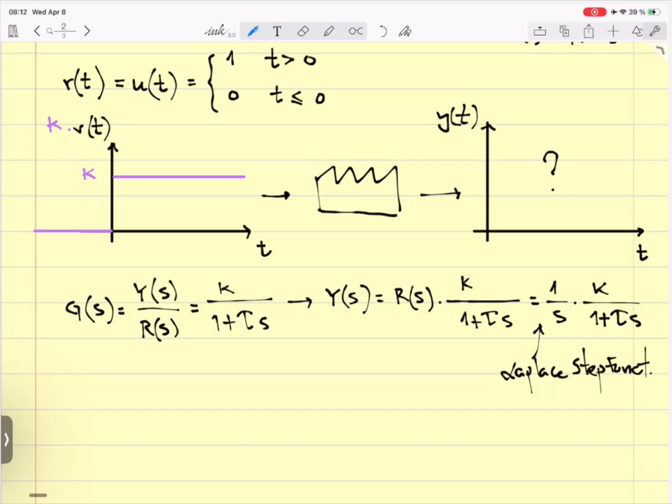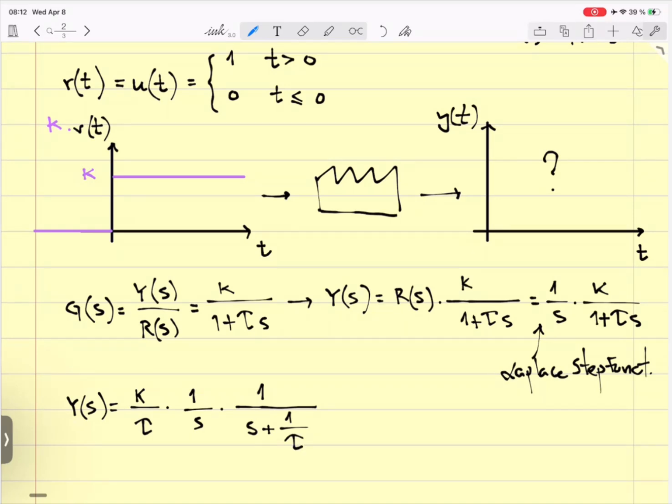Well, we can rewrite this Y of s equals k divided by tau times 1 divided by s times 1 divided by s plus 1 divided by tau.